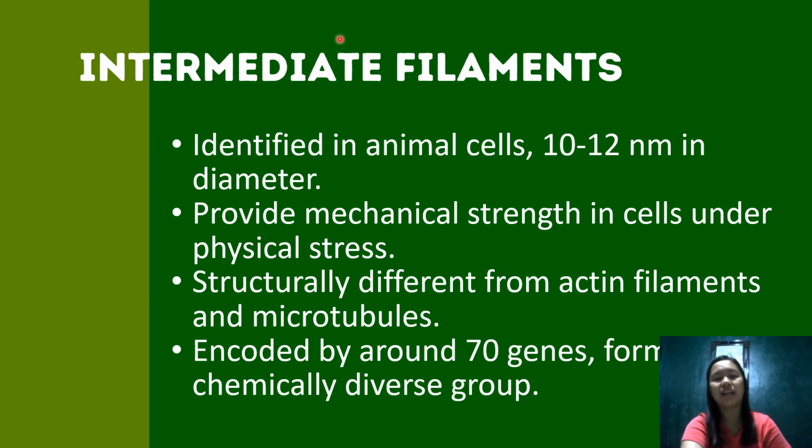So, hindi siya gaya ng actin filaments at microtubules. Yung IFs ay chemically diverse group, encoded by around 70 genes, divided into 5 major classes. So, sa maraming cells, ang IFs ay konektado sa iba pang cytoskeletal filaments gamit ang plectin, isang mahalagang dimeric protein na may mahalagang isoforms.